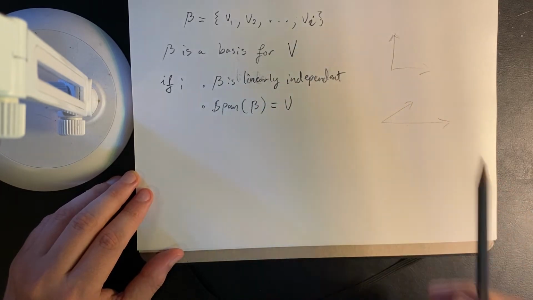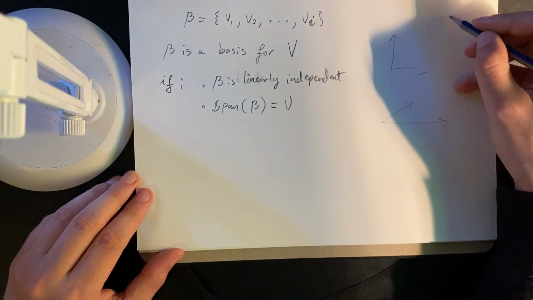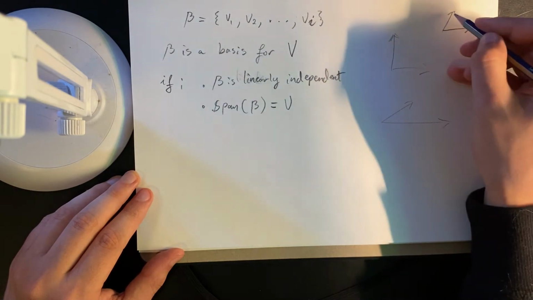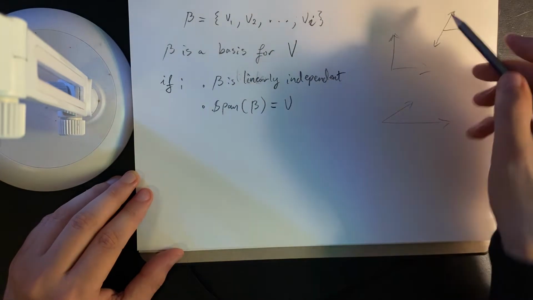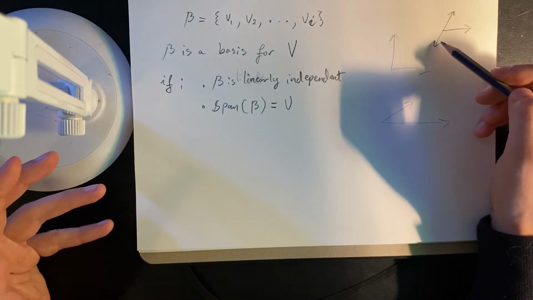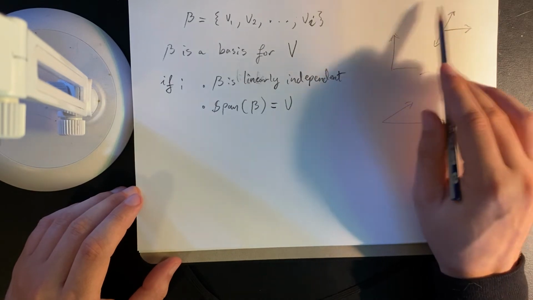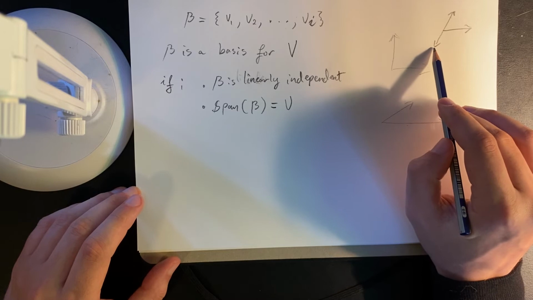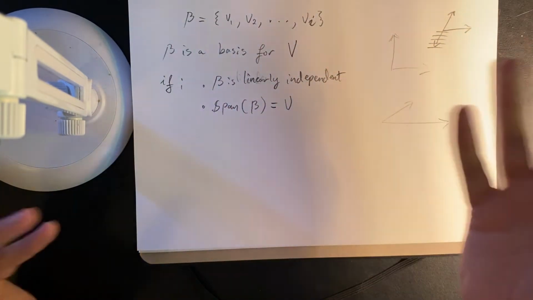Now, as another example, if I have my i, j system here, and then I add another vector, it's redundant, right? So this would not be a basis for R2 because of a triviality. We would just remove this vector and then we would have a basis.